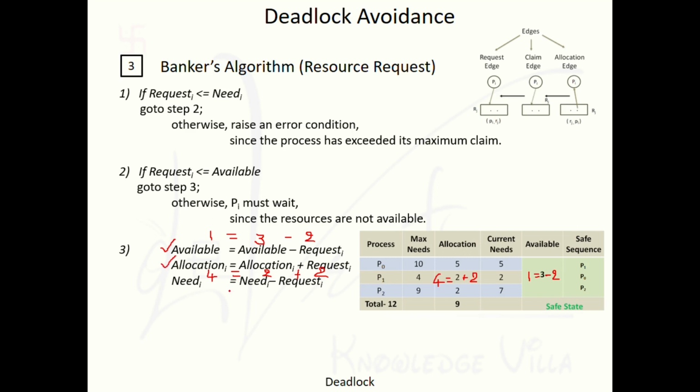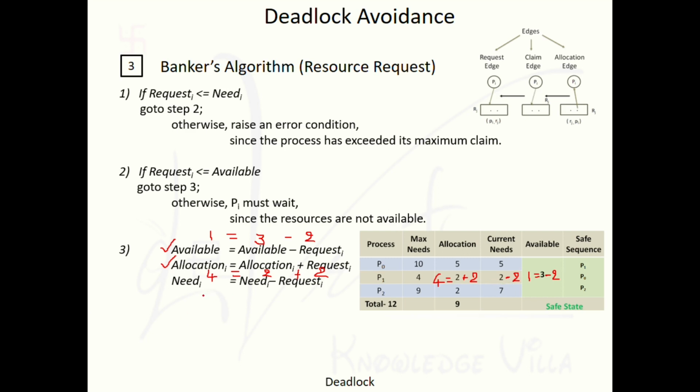Next line, need i equals need i minus request. What was the current need before? That was 2. But after allocation, process P1 requested 2 resources. So what will be the new need? The new need will become 0, because the previous need was 2, and as per the need, a total of 2 resources were requested and allocated to process P1.